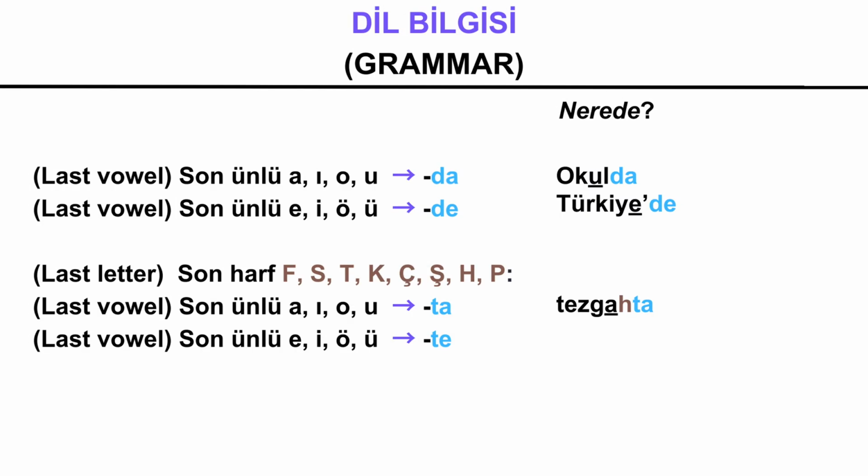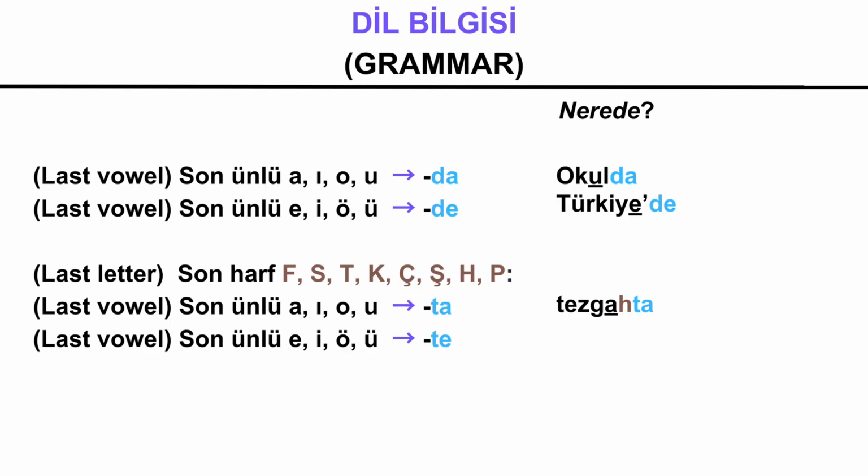In our example, the word we had was tezgah, which means counter. Tezgah, the last letter is h, and the last vowel is a. That's why we say tezgahta.